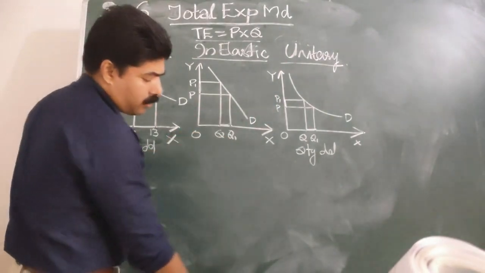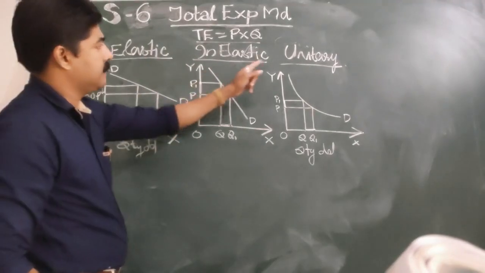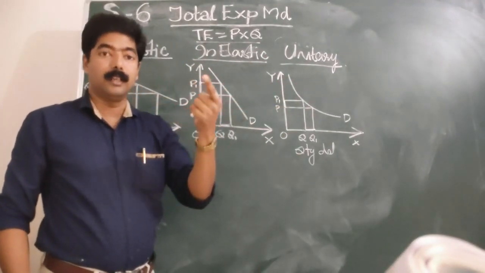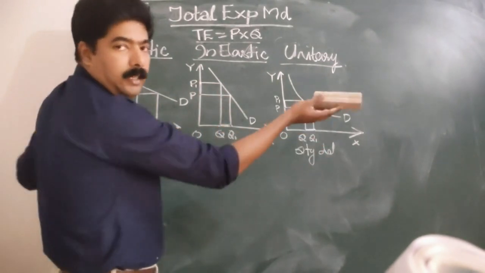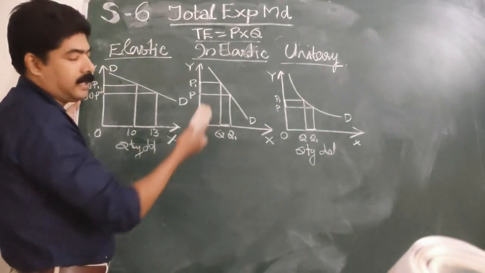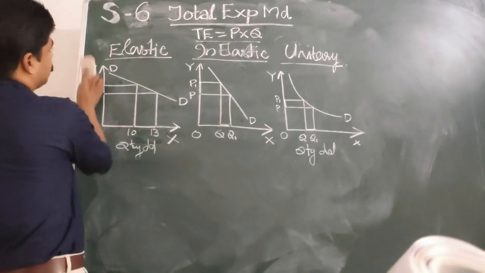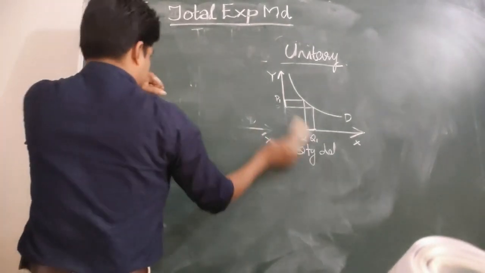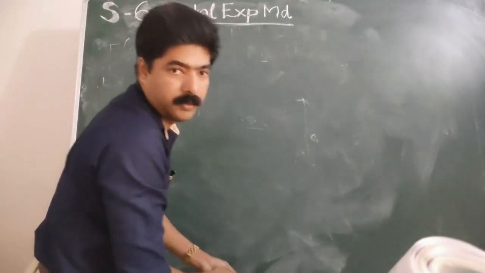So, if we draw all these three types, elastic, inelastic and unitary, in a single diagram, it also shows the relationship between elasticity of demand and the price. Let us see how that can be shown in a single diagram. You can also draw that. Draw along with me.